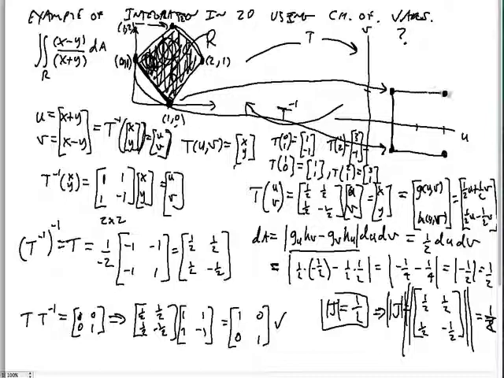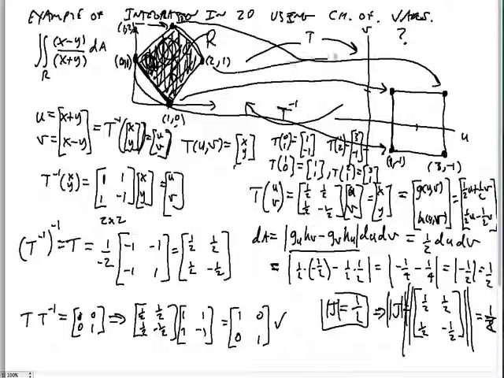This one is 3, negative 1, and it goes down there. So I'm going to call this new region S, and it's a nice square. We can integrate that pretty easily.